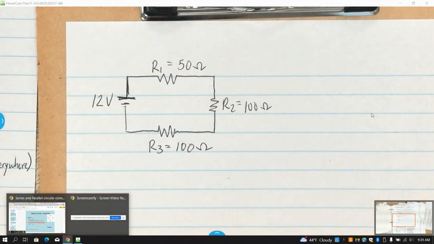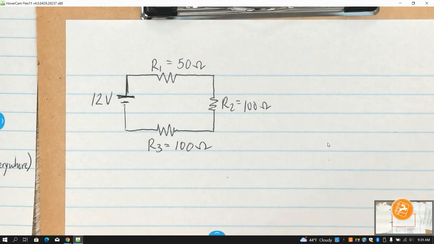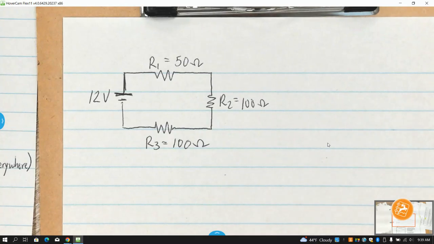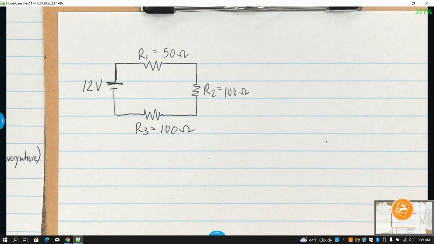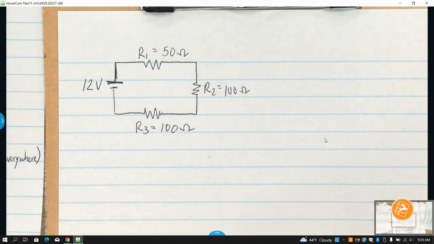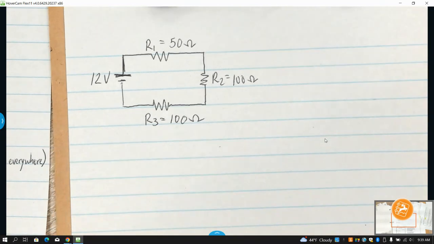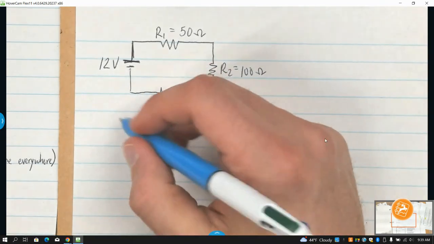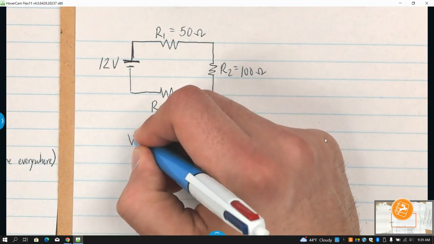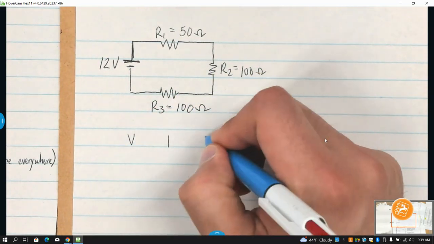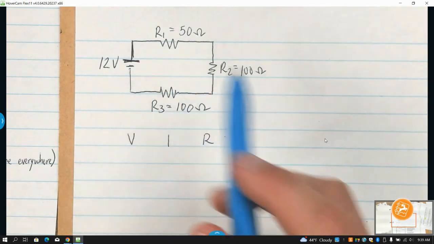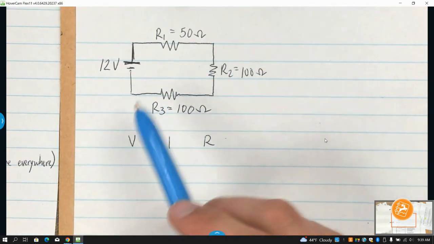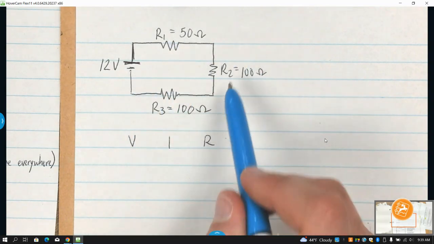So what you guys are going to do from here is we're going to make a table. How the table works, you make a V, an I, and an R. Then, how many resistors do you have?